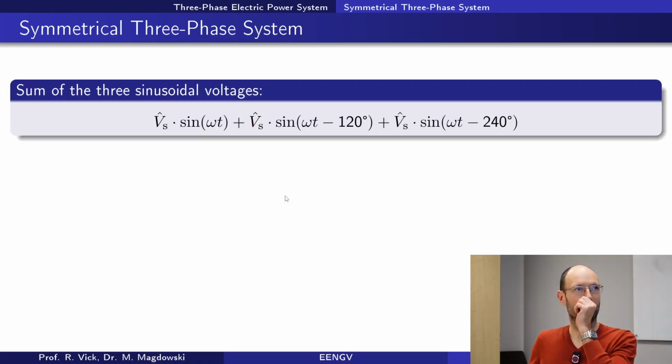Okay, so what we can now do with these phasors is calculate the sum of these three sinusoidal voltages. So first voltage, second voltage, third voltage. If we would like to calculate the sum as a formula like this, it's really complicated.